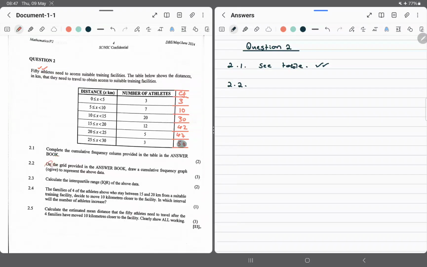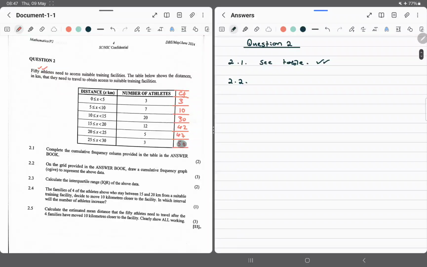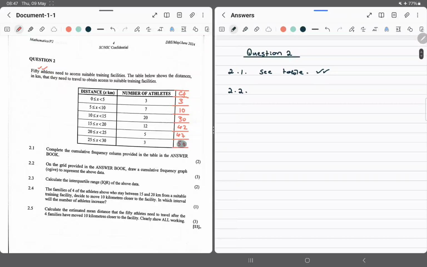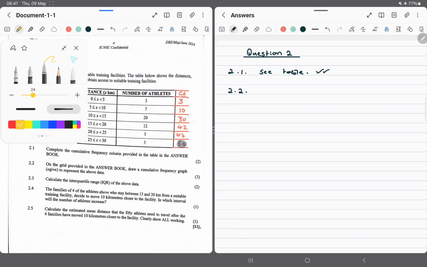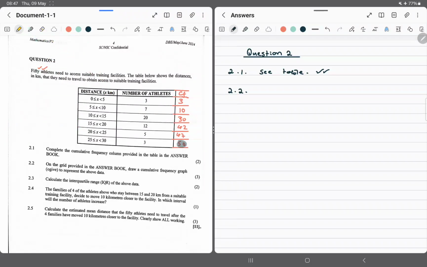2.2 says, on the grid provided in the answer book, draw a cumulative frequency graph, an Ogive, to represent the above data. Okay, now I'm just going to do it quickly so that I can save time. This is a tedious process. To draw an Ogive though, here are the pointers.